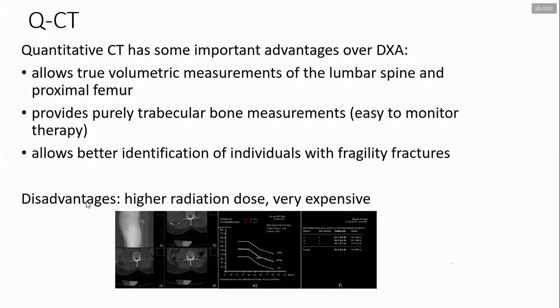But the disadvantage is that it is very expensive, dependent on a CT scanner, and gives a very large dose of radiation. It's quite unpopular because of its expense and technical issues. It's not routinely done in every center.